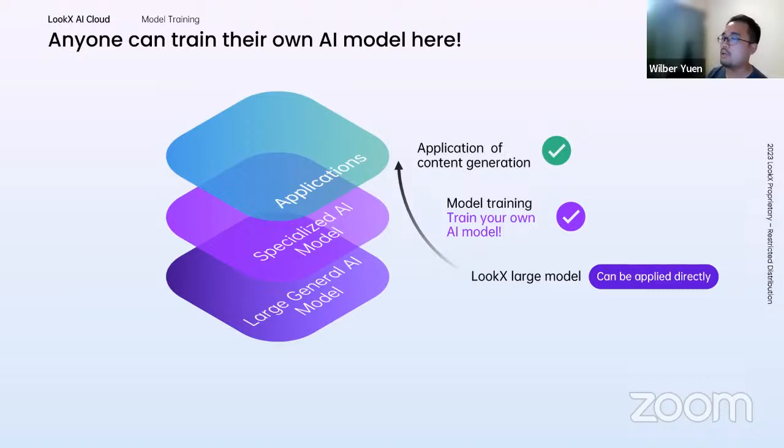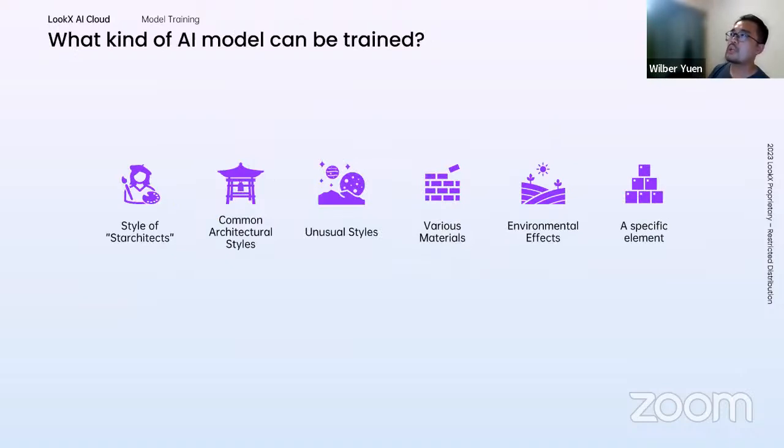So you can choose whatever you want by yourself. You can train your own LoRa model on top of this large model with a style setting, and also use it for content generation, so that you have 3 levels of different use in AI models. You can also train models on architect style, architecture style, unusual style, and so on.